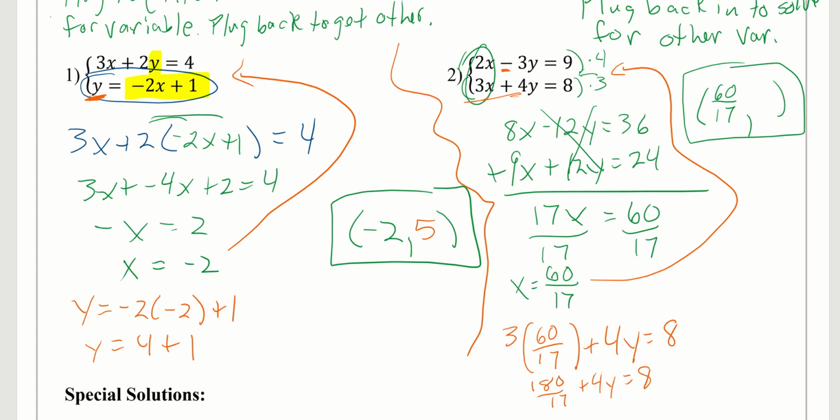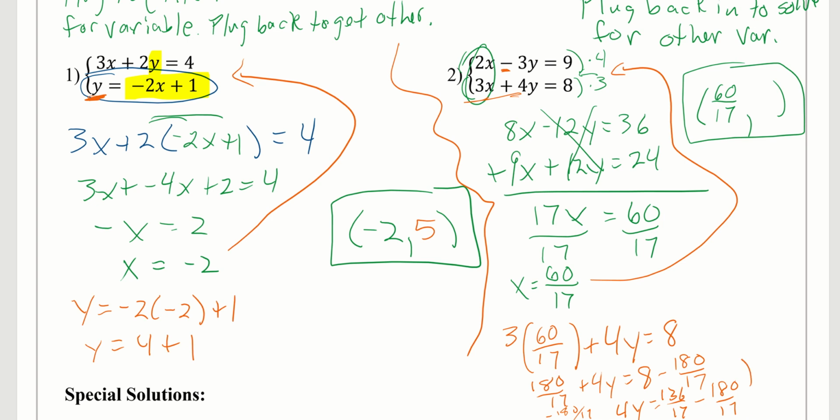Now I'm going to subtract this on both sides, so 180 over 17 minus 180 over 17. Now to get common denominators, I'm going to multiply that 8 top and bottom by 17. So I end up with 4y is equal to 136 over 17, that's what 8 is, minus 180 over 17.